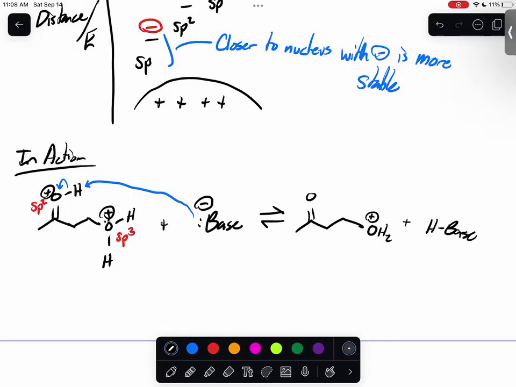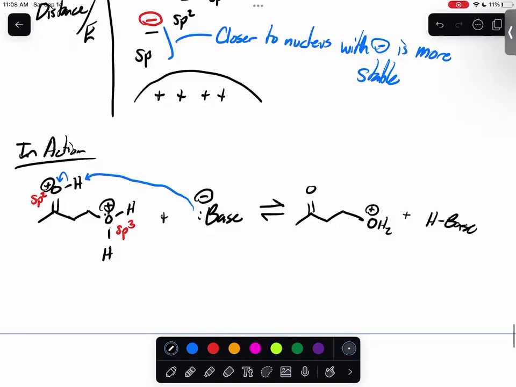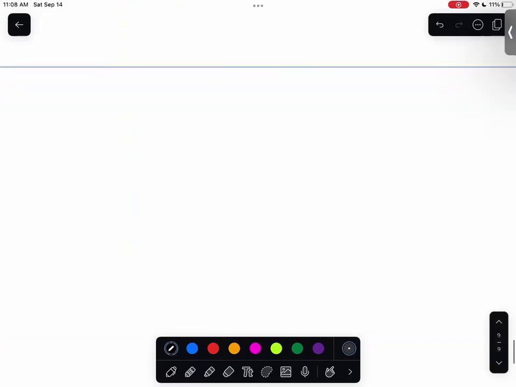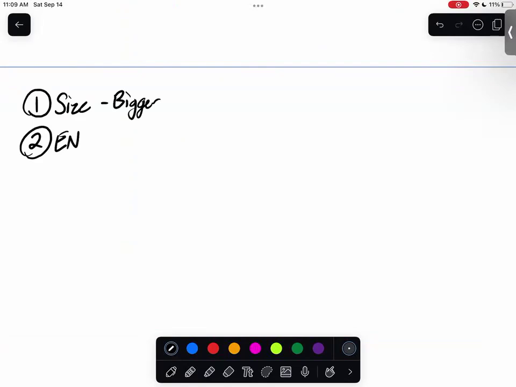So we've gone through the five different ways to determine if something is acidic. All right, and just as a recap: size, we want it to be bigger, right? Electronegativity, we want it to be higher. Resonance, we want it to be shared, right?